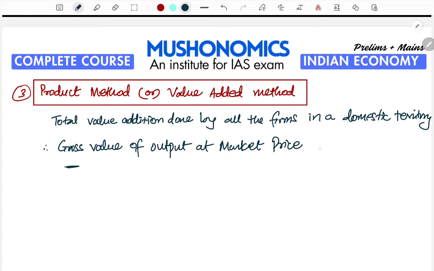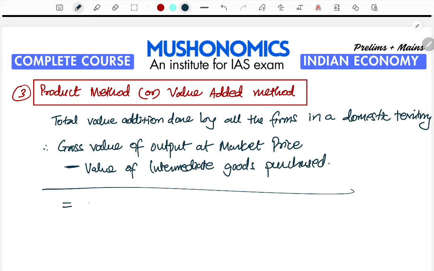So gross value of output at market price minus the value of intermediate goods purchased. If we take the value gross, it will give us gross value added; if we take the value net, this will give us net also, right?